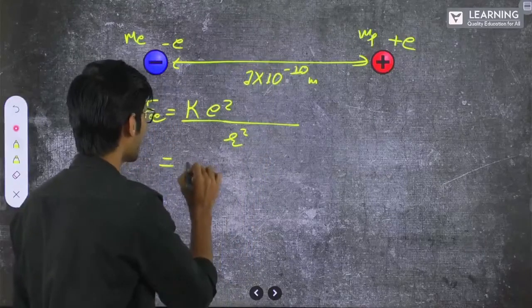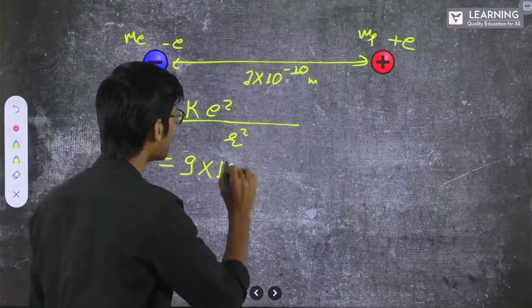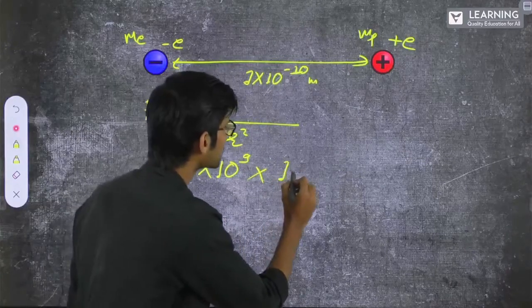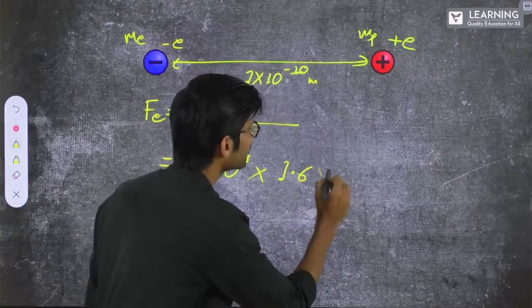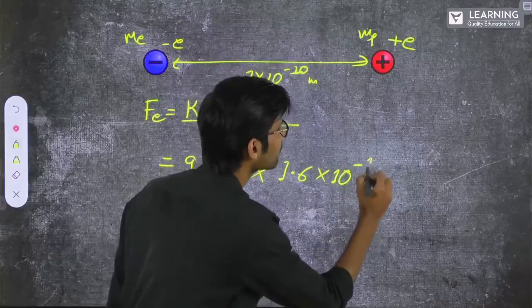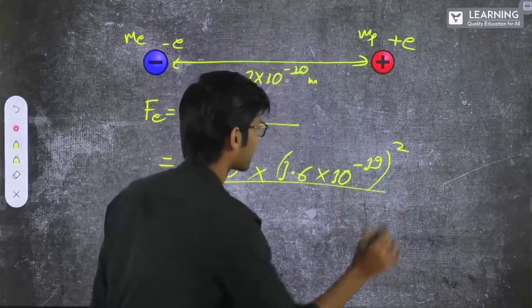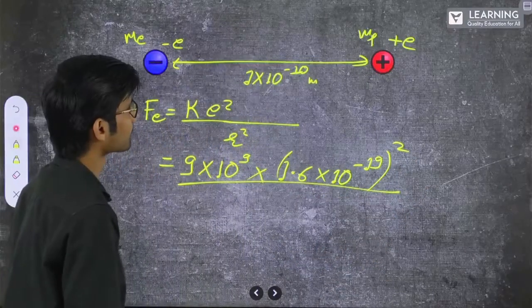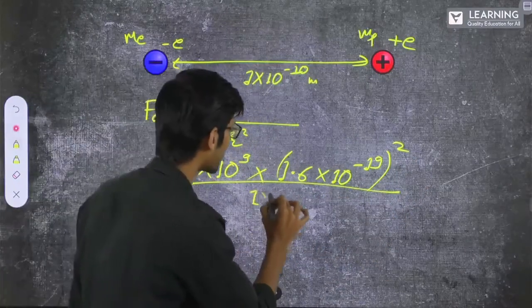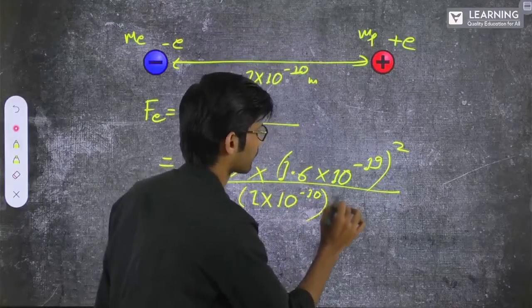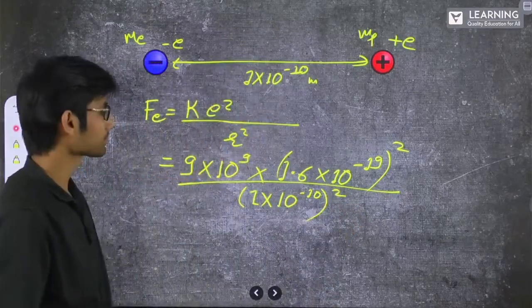So this will be 9 into 10 power 9 into 1.6 into 10 power minus 19 whole square, divided by 1 into 10 power minus 10 whole square. I hope I'm correct.